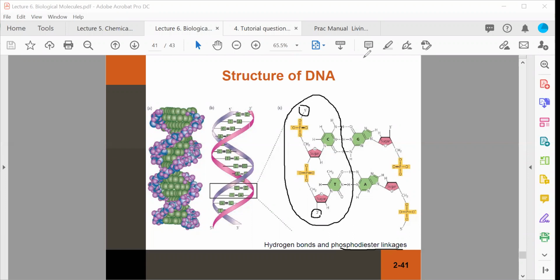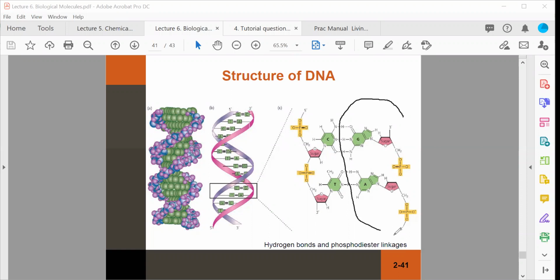All right, let me clear that and let's focus now on the opposite chain. Now you can see something really odd here in that the nucleotides appear to be upside down relative to the other chain. So here we have a guanine nucleotide, and now we have here the 3' end, rather than the 5' end. And it's the 3' end because we're referring to the sugar of this guanine nucleotide.